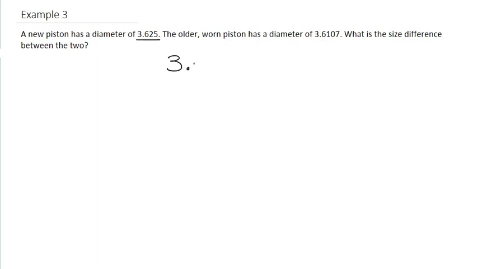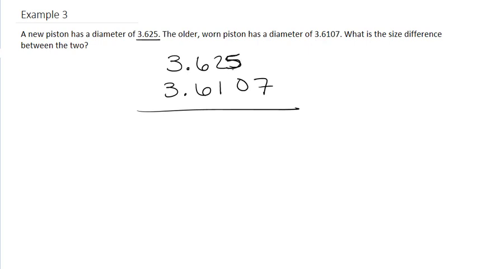So we have 3.625, and then we subtract 3.6107. And so we're going to need to add an additional 0 here. And then we can begin subtracting.